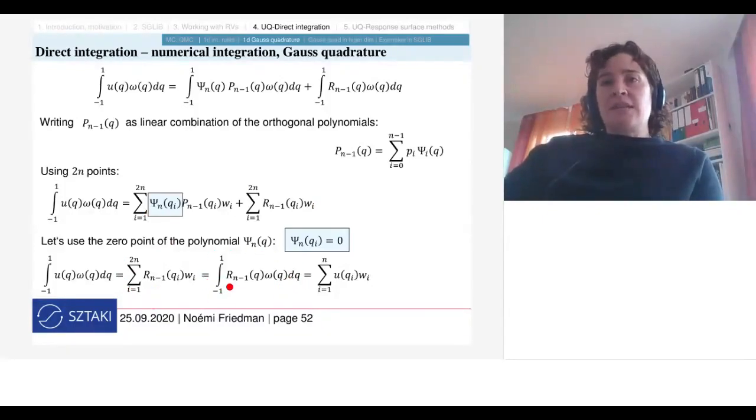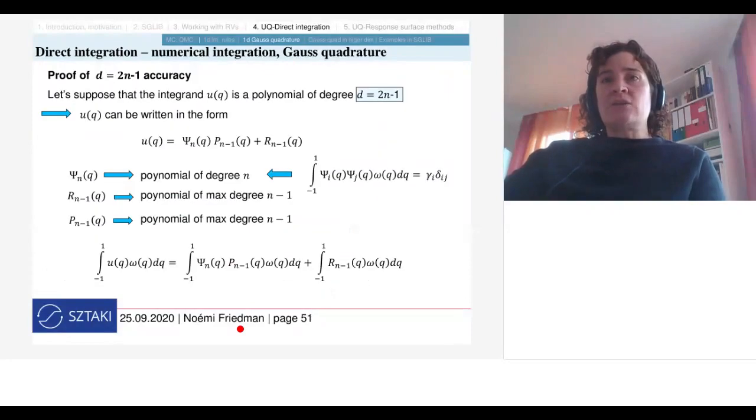But for the integral of the second part, the integrand is only of degree n minus 1. And if this is only of degree n minus 1, it's enough to use n number of points. So this is how I proved it if I use a special set of points.